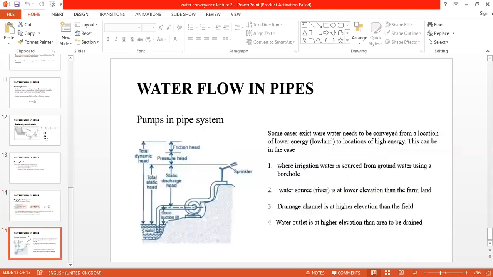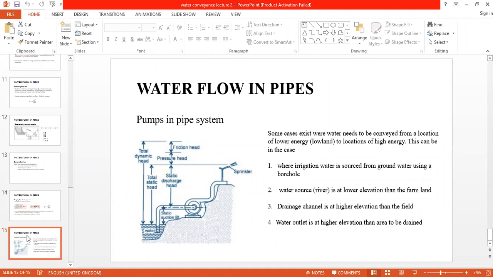So before we illustrate using an example of how we can design a pipe size, I just want us to go through this last slide about pumps. When you go to your module, you find that there's a lot more about pumps, so you can just read through. Basically, it talks about different types of pumps.